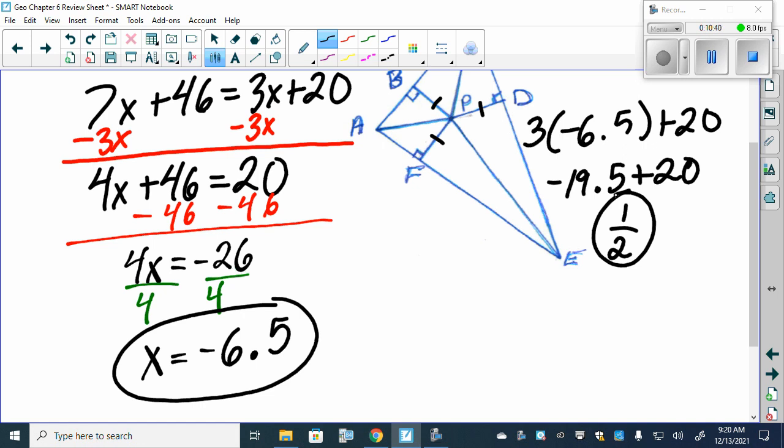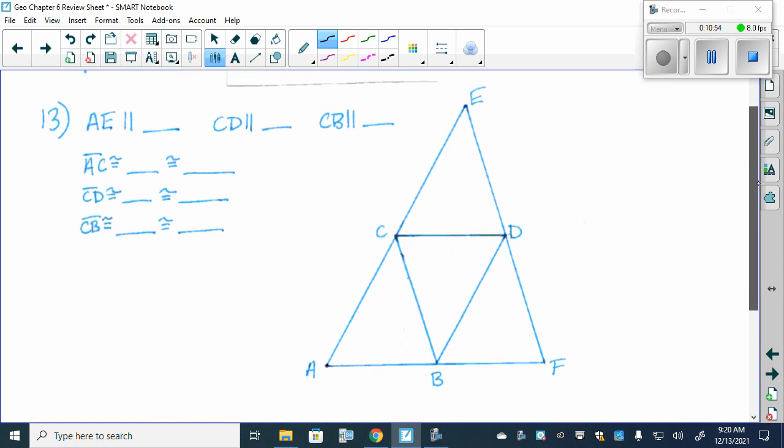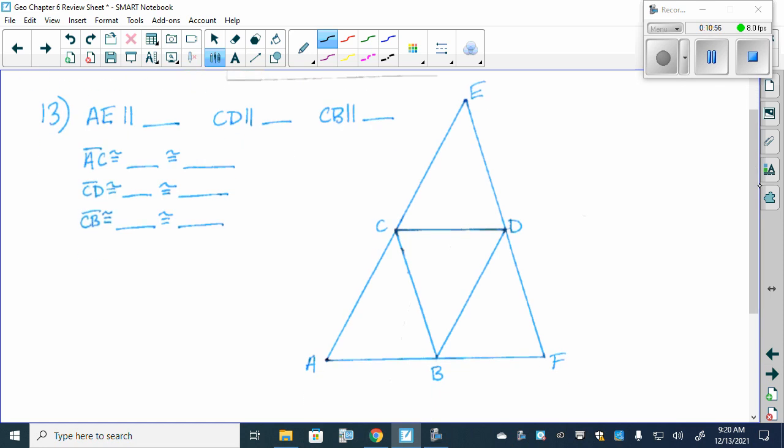Any other questions on this here? Let's look at the next set. Fill in the blanks. So looking at this here, AE, BD, really these need segments, because these two sides would be parallel.